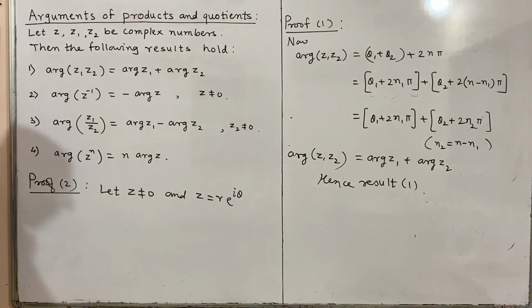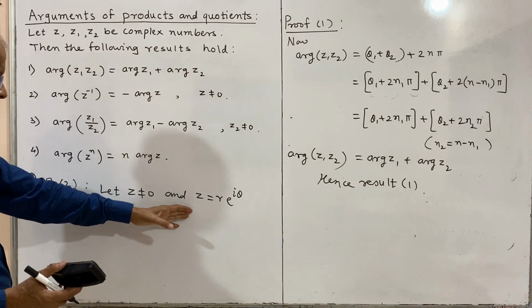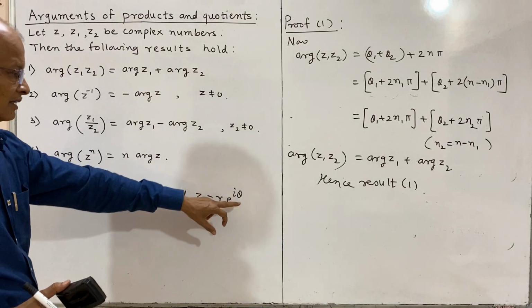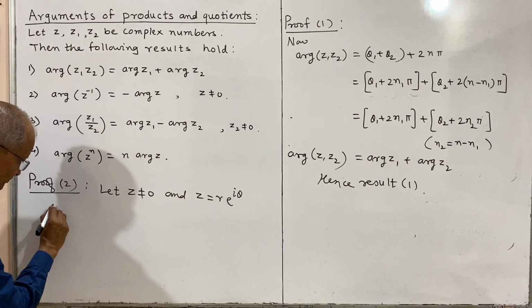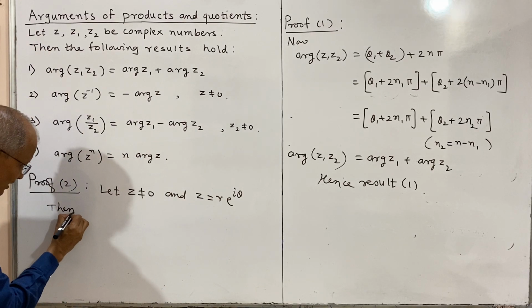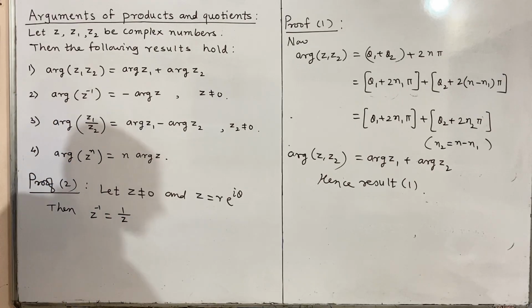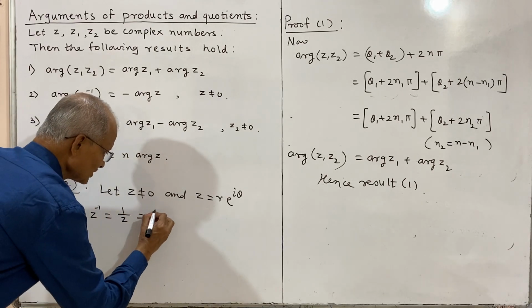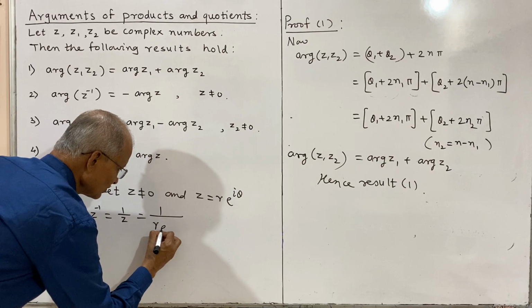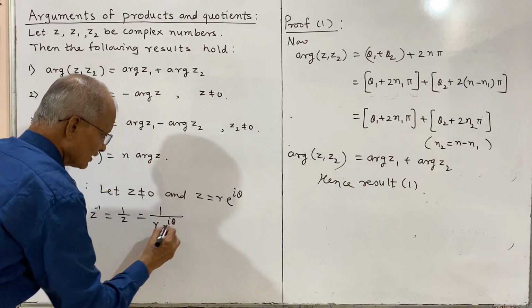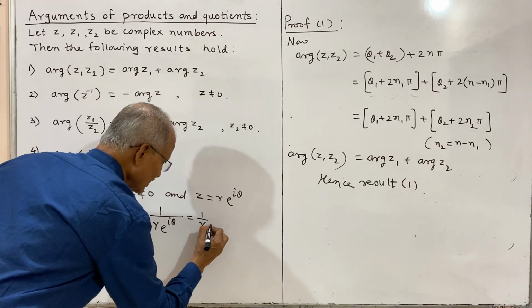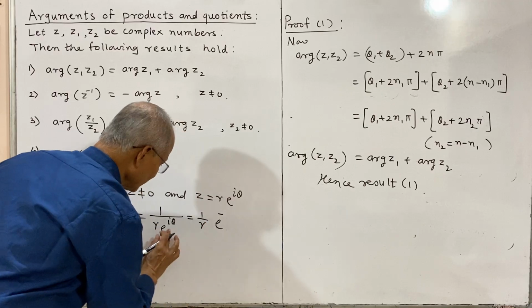This is the complex number in exponential form. The argument of z is theta, and then what is the inverse of z? That is 1 by z, the multiplicative inverse, which is 1 over r into e power i theta, and this is written as 1 by r e power negative i theta.